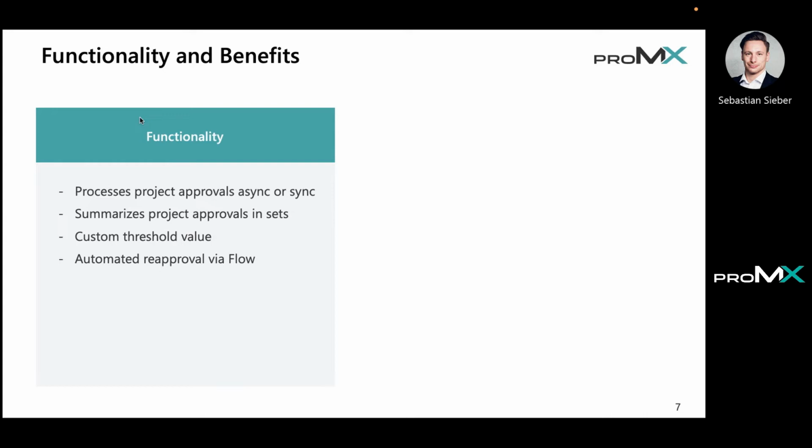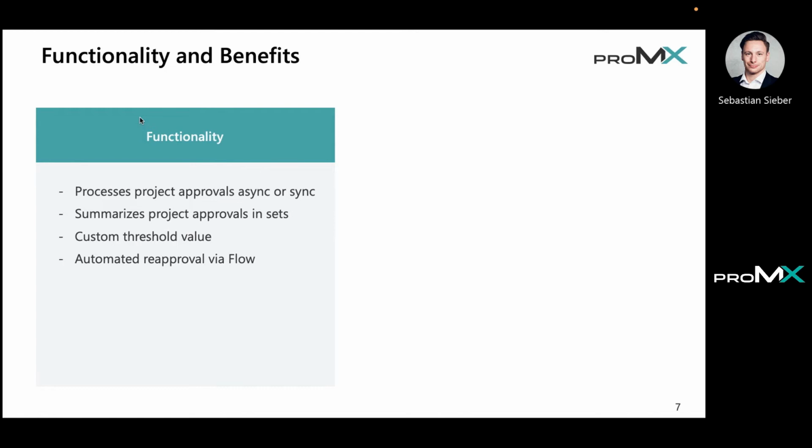All of these approvals I'm now approving are summarized in so-called approval sets. The set depends on the project. It's also depending on the state. So if I want to approve or reject or recall something, it's always its own set.